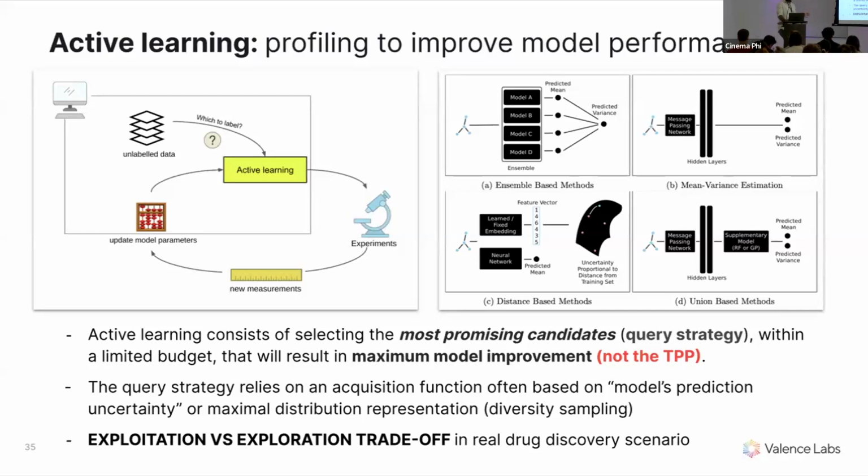This is the main idea of active learning. To do that, you need to define an acquisition function, a function that tells you which molecules will bring the most information to your model, and that is usually based on uncertainty.